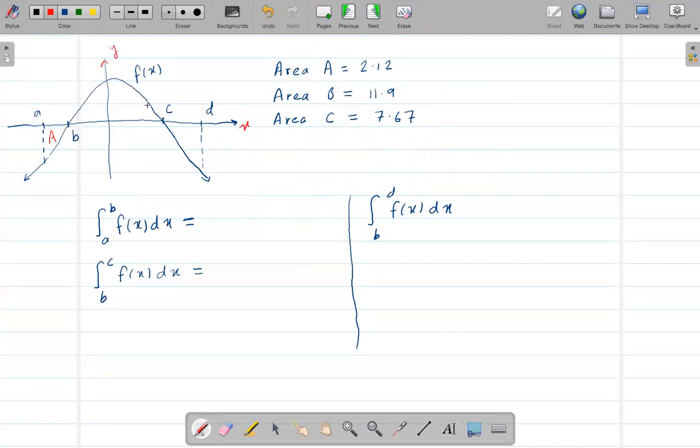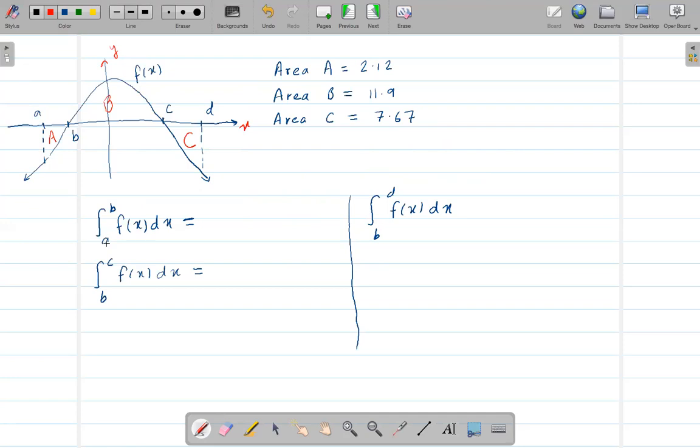And let's say this whole area from B to C is capital B, and from C to D is capital C. The values of these areas are given. So area A is 2.12, area B is 11.9, and area C is 7.67. So these are given.